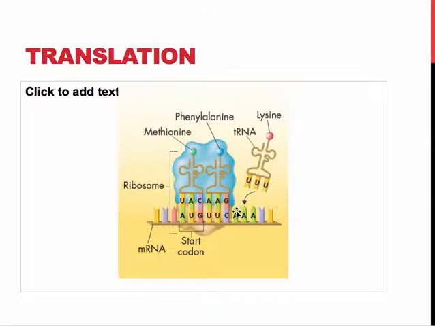For example, here's my codon, AUG, so the only tRNA that can be brought is one that has UAC, because they are complementary to the mRNA. So the anticodon is complementary to the mRNA, and that's how it decides which amino acid it needs to bring. So the methionine has the UAC, and since this is AUG and it's complementary to that, that's how the tRNA knows to bring that specific amino acid.